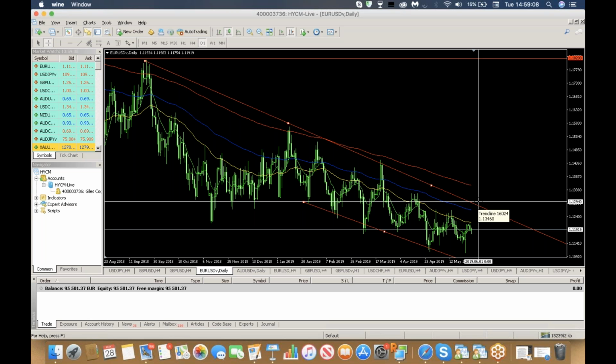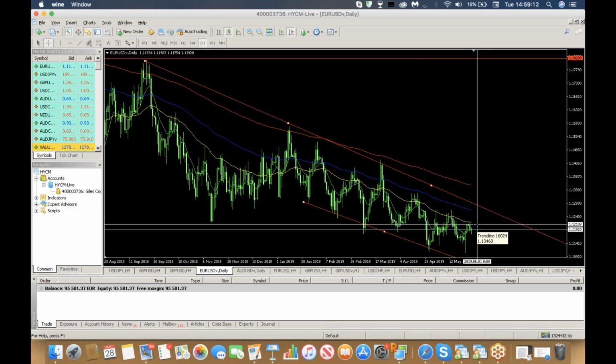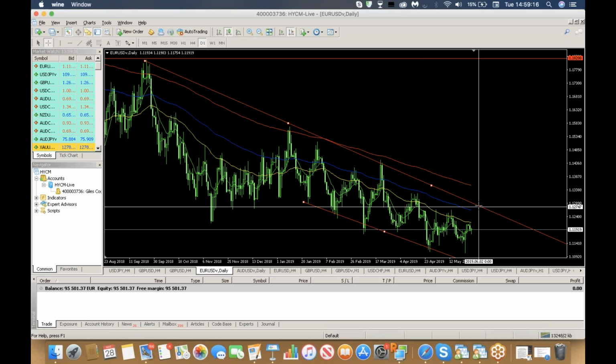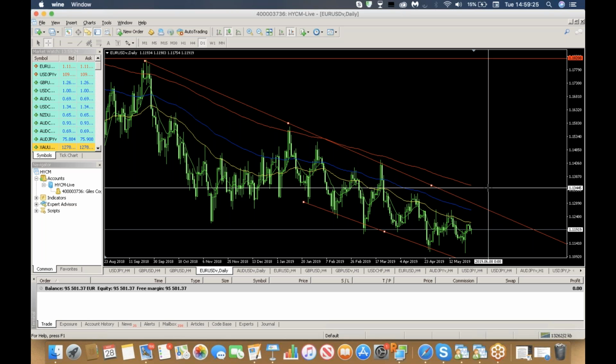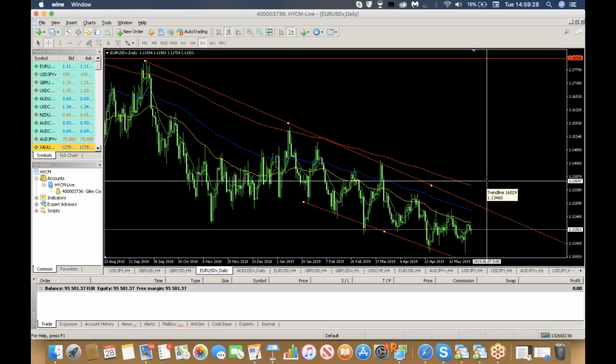The price has rejected the 1.1200 level. If price breaks above there, the 1.1300 level would be a very interesting point to sell from. And again, you can put your stops just above the trend line, maybe here, 1.1344, or maybe just above the 200 exponential moving average, 1.1370.